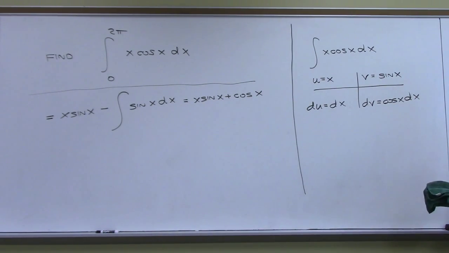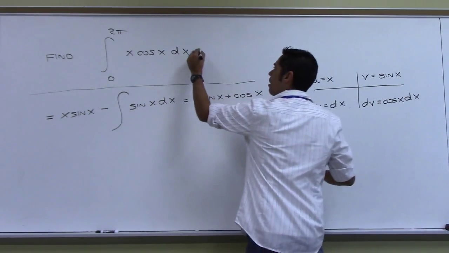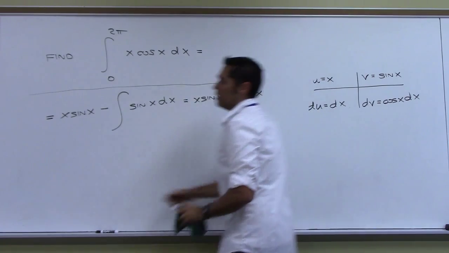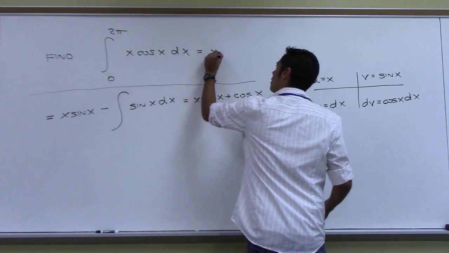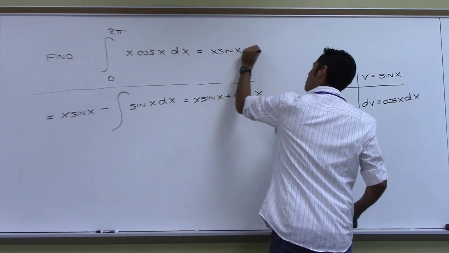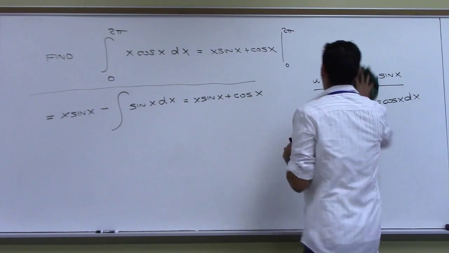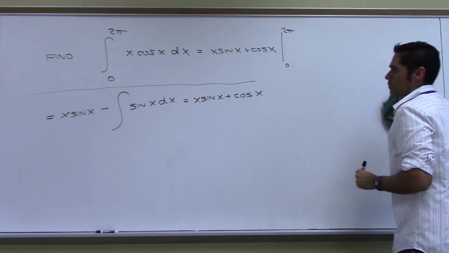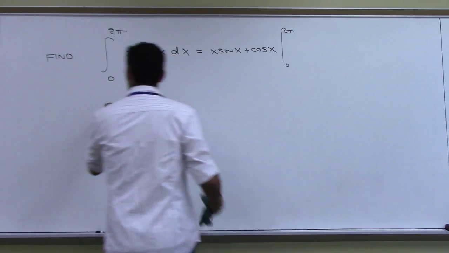We good? All right. So I'm going to come here now, I'm going to continue this problem. This is equal to, I'm writing this step right here, capital F of x. So x sine x plus cosine x, from 0 to 2 pi. And then I get to plug in two numbers.